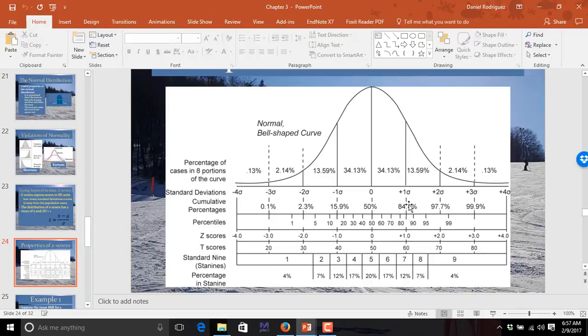Or, since 2.5% of the population resides here, and 2.5% of the population resides here, any probability value lower than 0.05 would be considered significant, because half of the distribution is here and half is here. 2.5 plus 2.5 is equal to 5%.